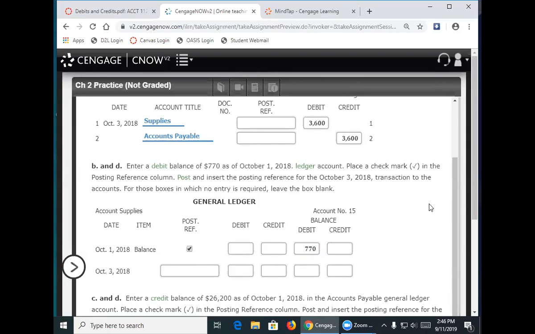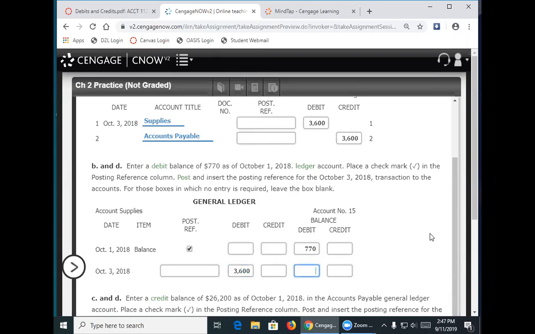On October 3rd, we debited supplies $3,600. So I'm going to come to October 3rd, and then in the debit column, put $3,600. Well, how many supplies do I now have? 4,370.